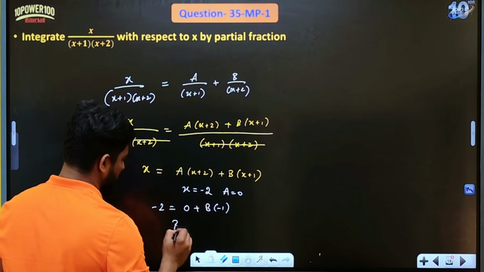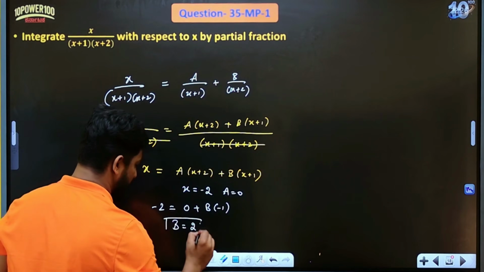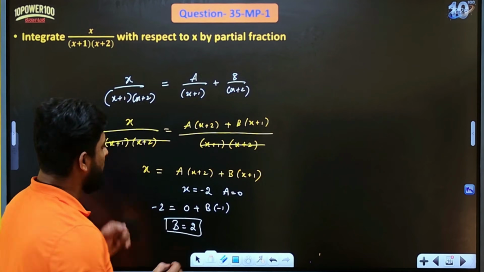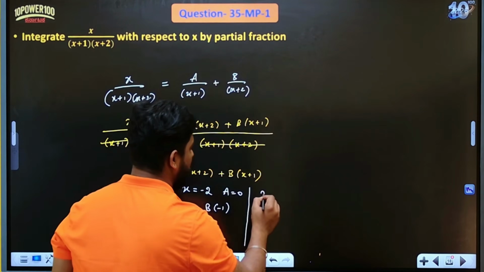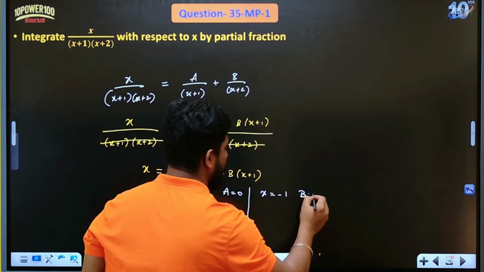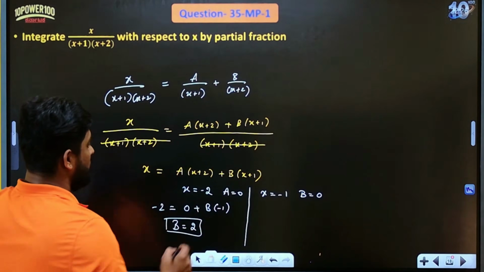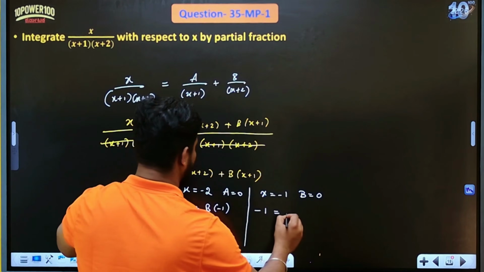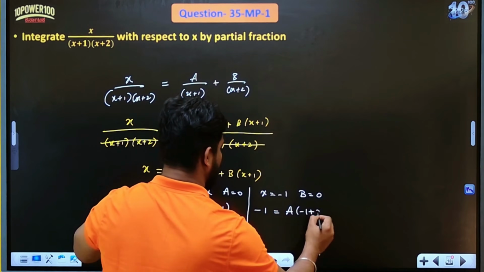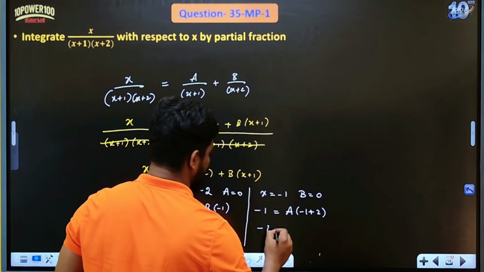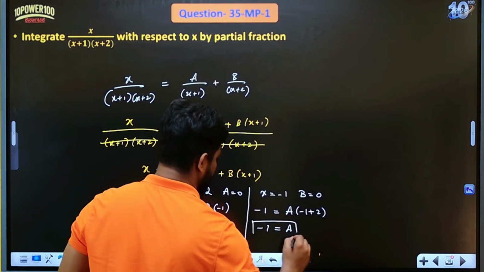So b is equal to 2, children. B is equal to 2. So next we'll put x is equal to minus 1 so that b becomes 0. So minus 1 is equal to a of minus 1 plus 2. So minus 1 is equal to a. So the value of a itself is minus 1.